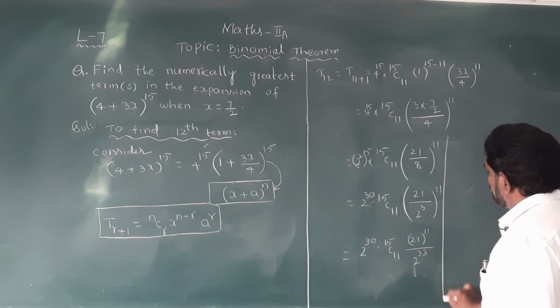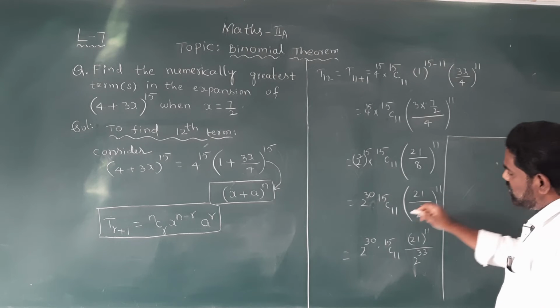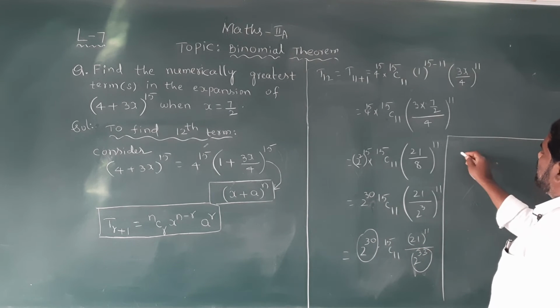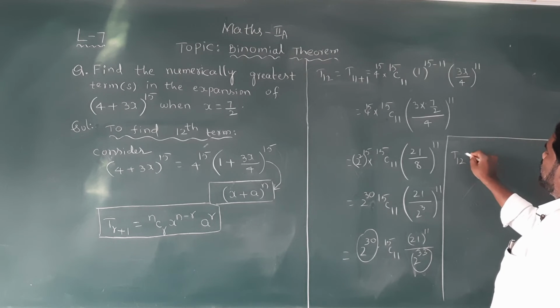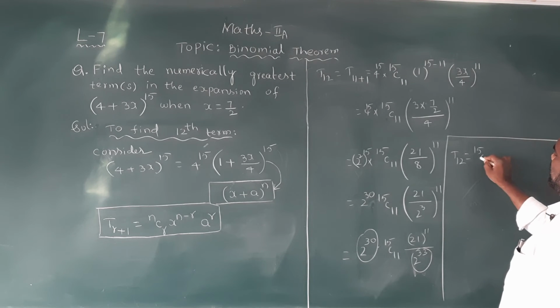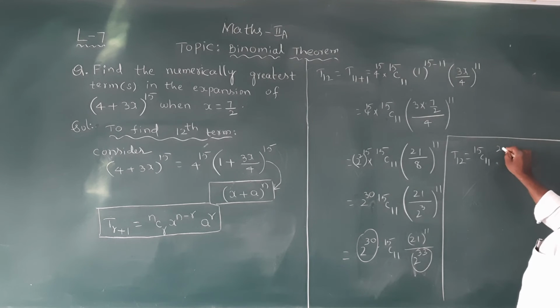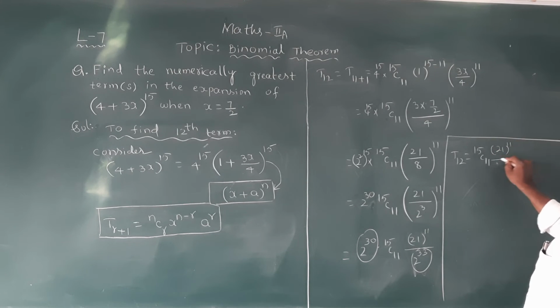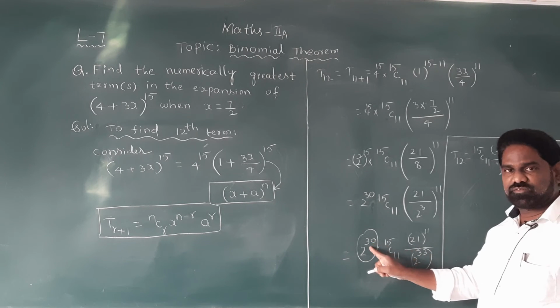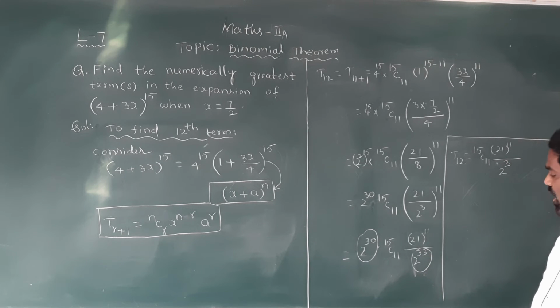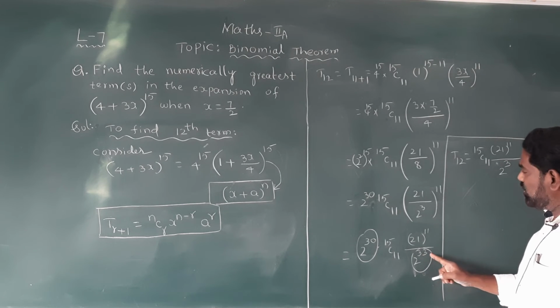So, these two terms taken together: 2 power 30, 2 power 33. What will come here? T12 equals 15C11, 21 power 11, 2 power 3, because 2 power 33 can be written as 2 power 30 into 2 power 3.